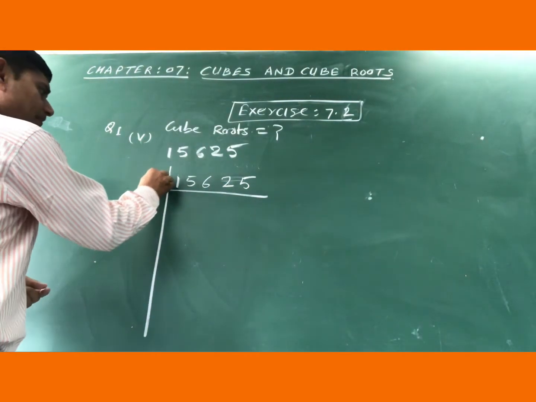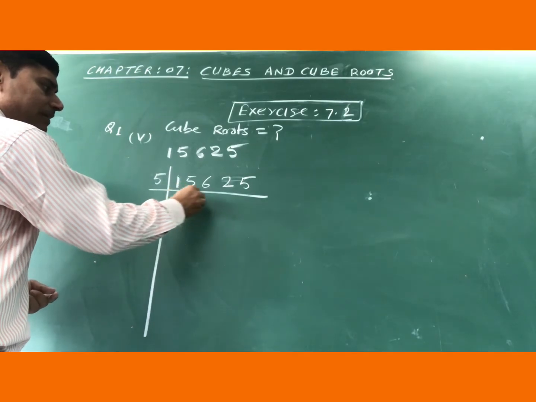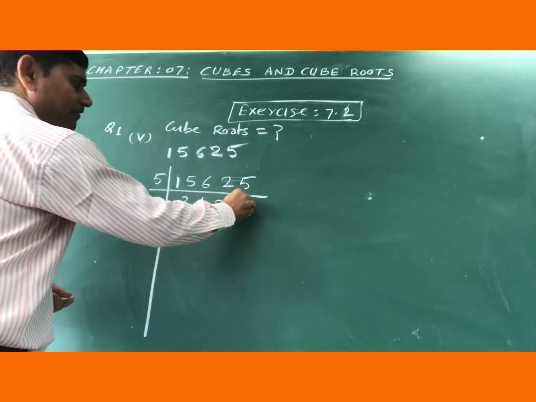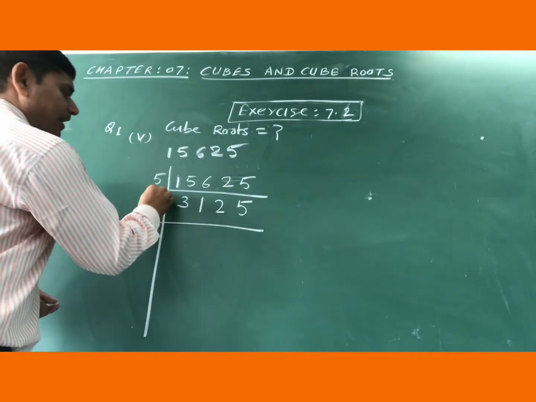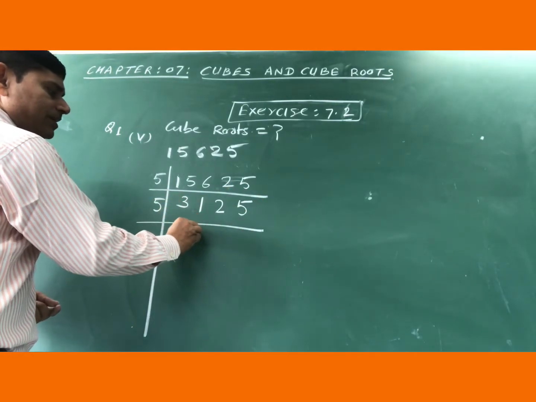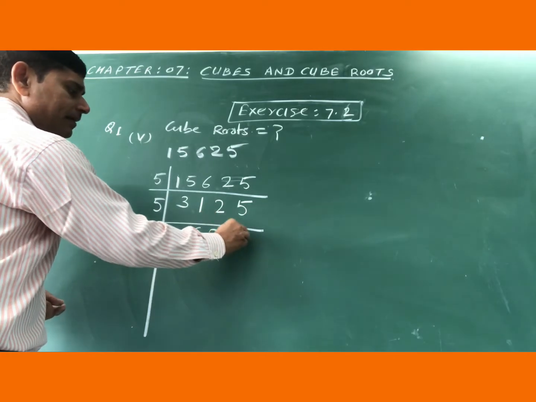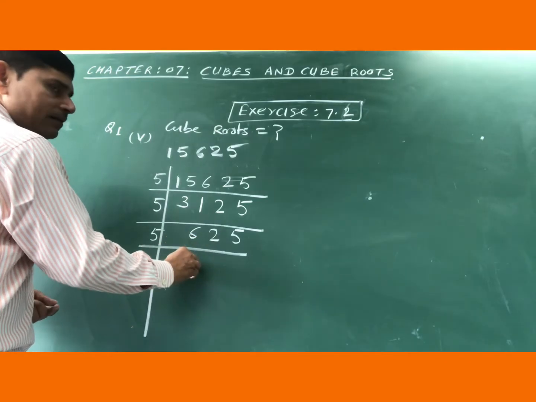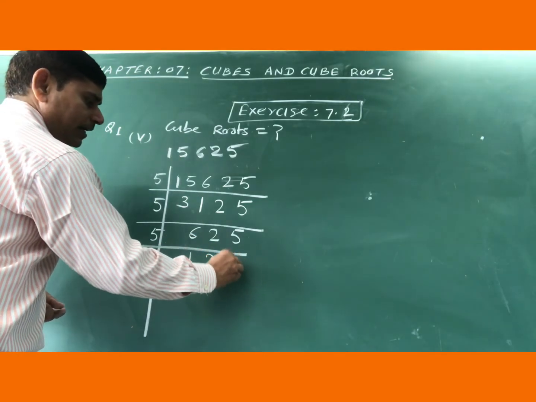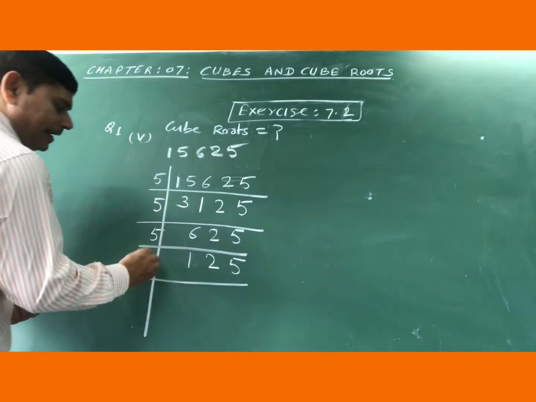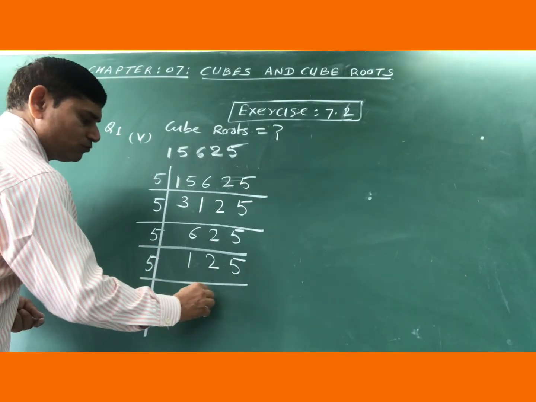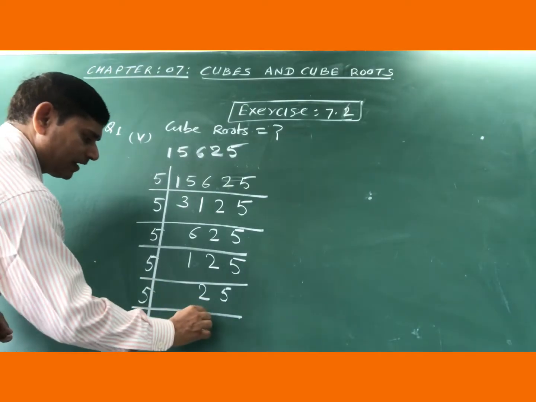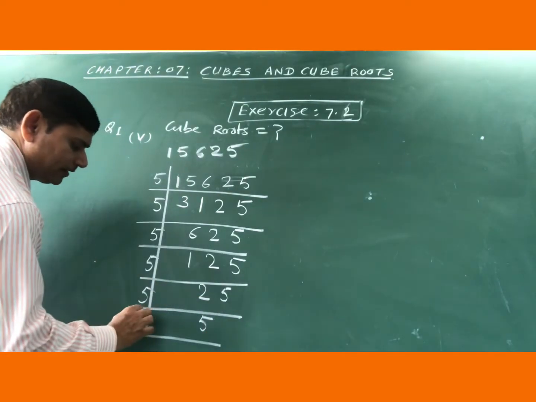5 3s are 15, 5 twos are 10, and 5 5s are 25; again by 5, 5 6s are 30, 5 2s are 10, and 5 5s are 25; again by 5, 5 2s are 10 and 5 5s are 25; and again by 5 you will get 5, and lastly 5.